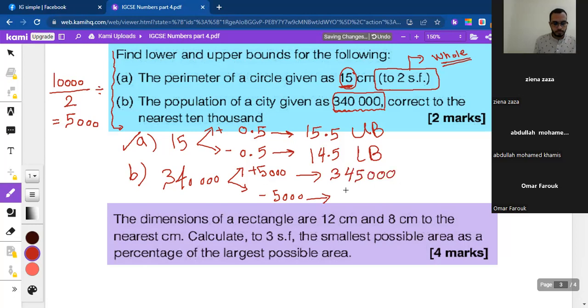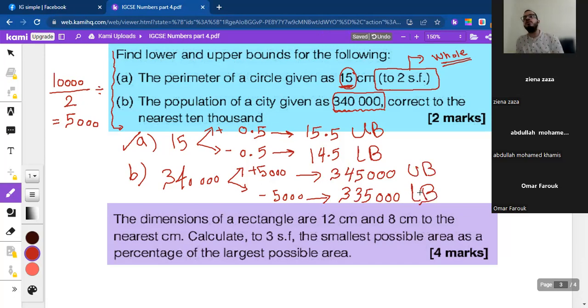And after subtracting 5,000, it became 3, 3, 5, 3 zeros, and that is the answer. The first one is the upper bound and the next one is the lower bound.